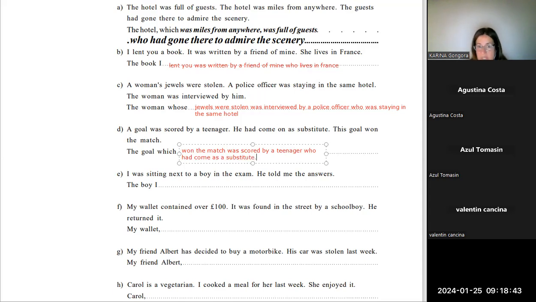There are some other ways of saying the same. Like, for example, the goal which was scored, yes, scored by a teenager who had come as a substitute won the match.